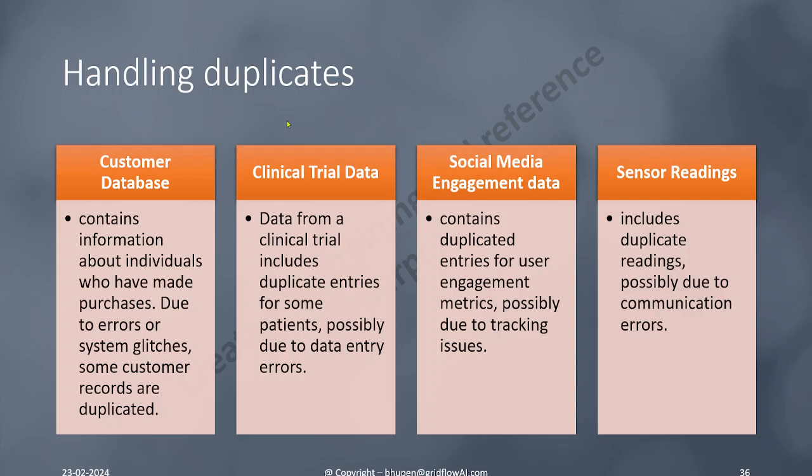Some examples of data sets where duplicate data can be problematic are customer data sets, clinical trials data, social media engagement data, or sensor data. In fact, duplicate data can be problematic in almost all cases.